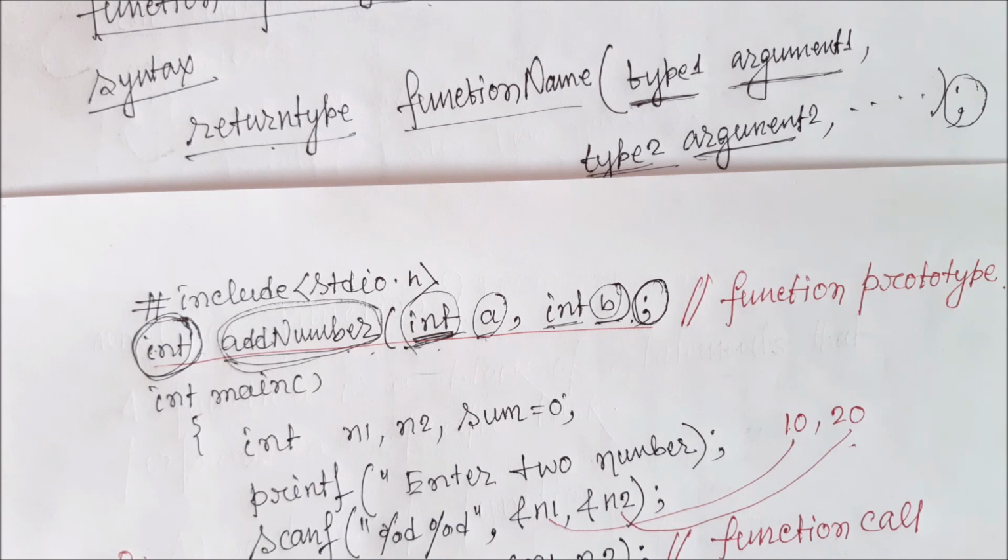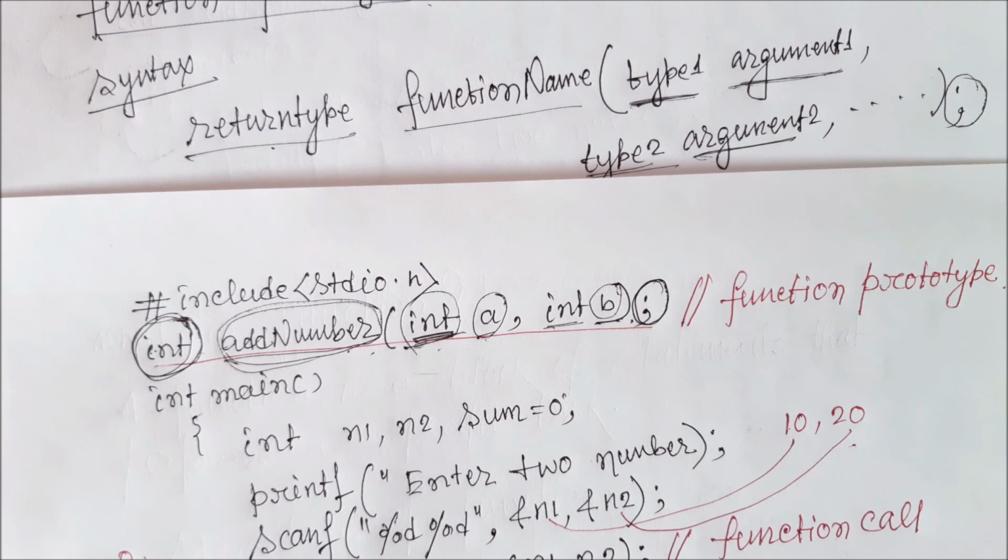For example, if I want to add two numbers, I will give the name add, sum, or addition, like that, so that we can understand that this function is going to add 2 numbers or 3 numbers, whatever it is.